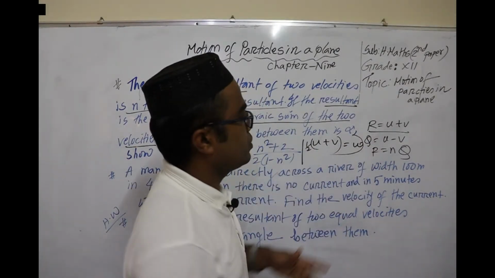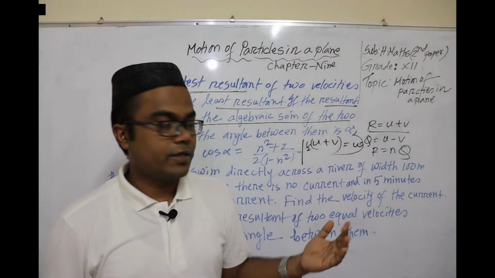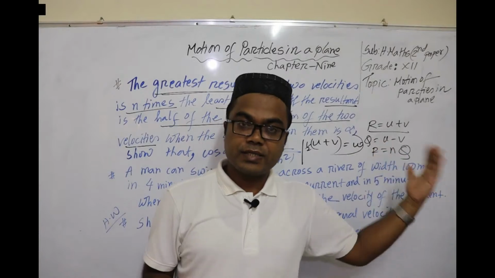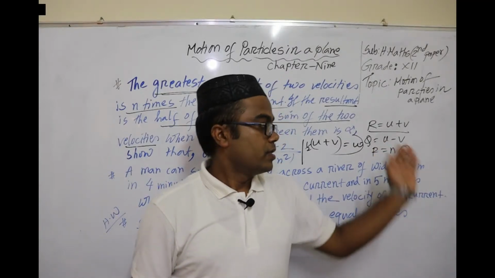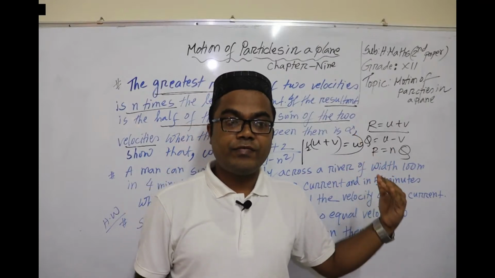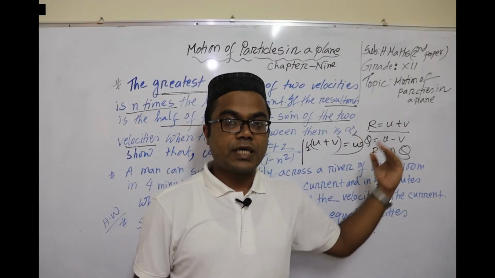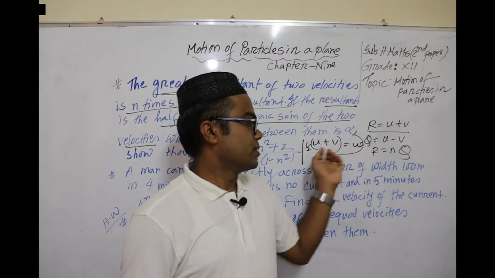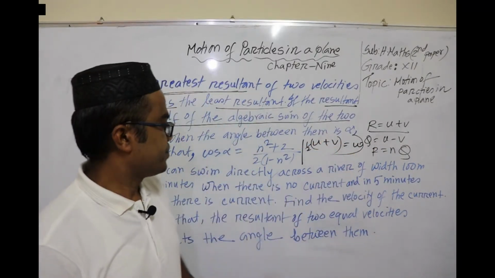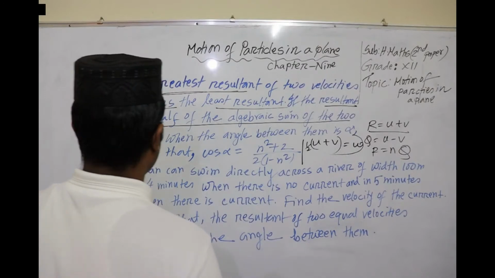So there are two steps. First, the greatest resultant is n times the least resultant. Second, the resultant is half of the sum of the velocities, means (u plus v) by 2. Okay, number one is finished.